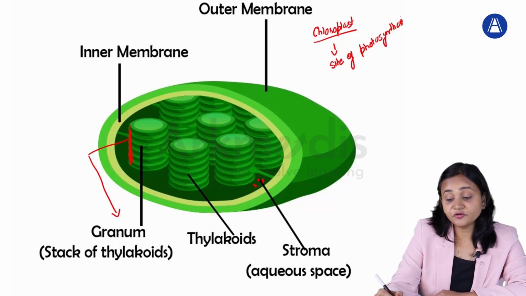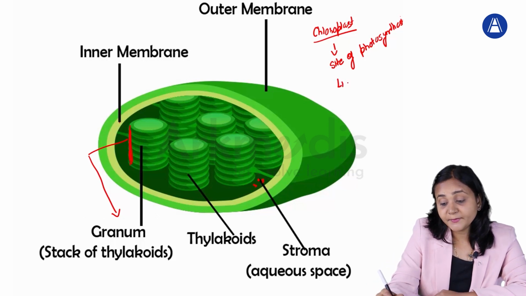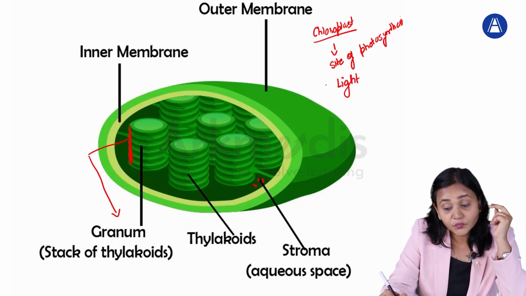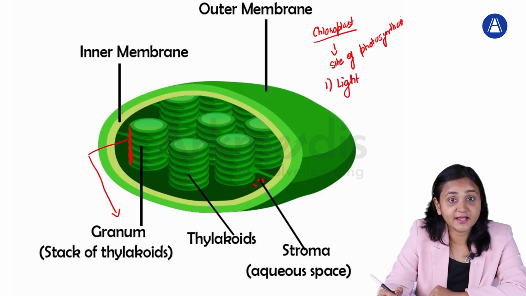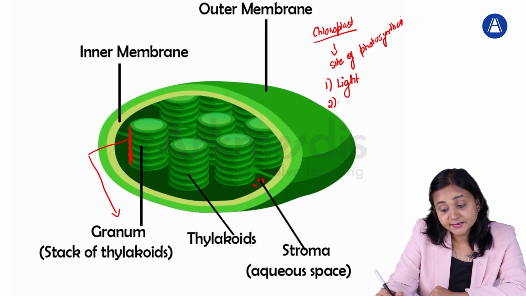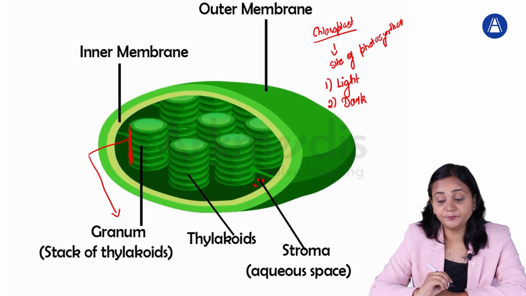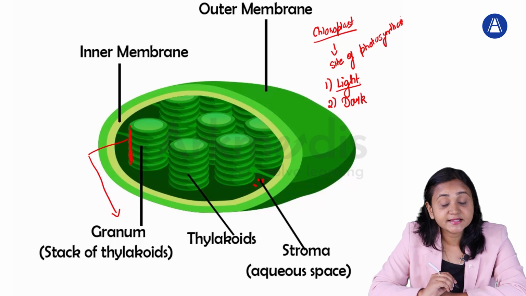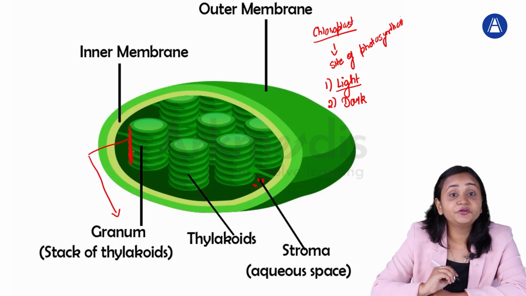Now the process of photosynthesis is mainly studied under two important reactions. First is the light reaction, and the second is the dark reaction. Now this light reaction takes place inside the grana.